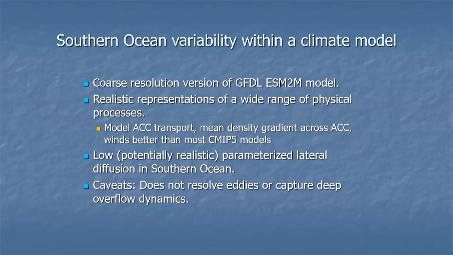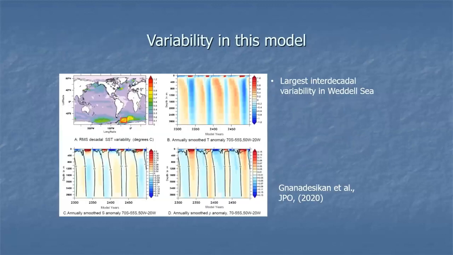Caveat with all of these models, even the ones that go out to relatively high resolution, is that very few of them actually capture the dynamics of overflows, these waterfalls that go into the deep ocean from places like the Mediterranean and the Greenland, Iceland, Norwegian Sea, but also the Persian Gulf and the Red Sea, which I may talk about tomorrow.